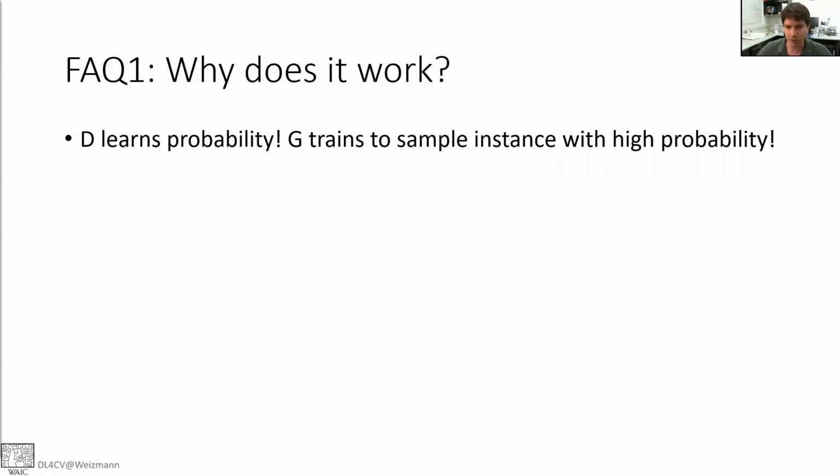What D actually learns is to assign a scalar number to each example, which is the probability of it being a realistic example. And then G trains to sample instances to have the highest probability according to D. So if D can get better at its job, G can get better at its job.